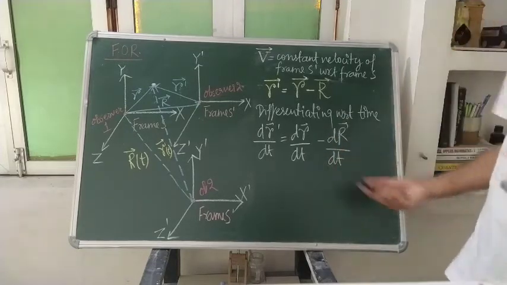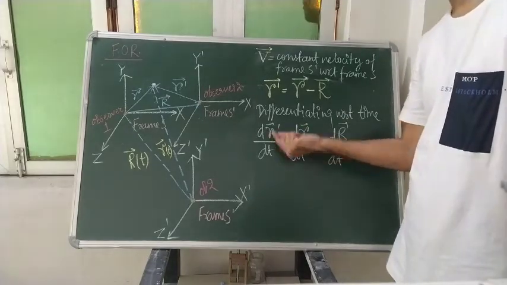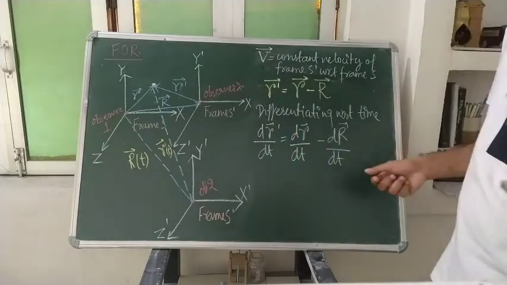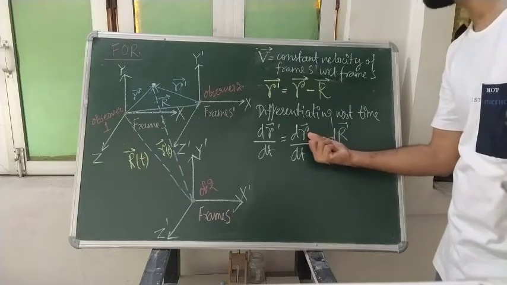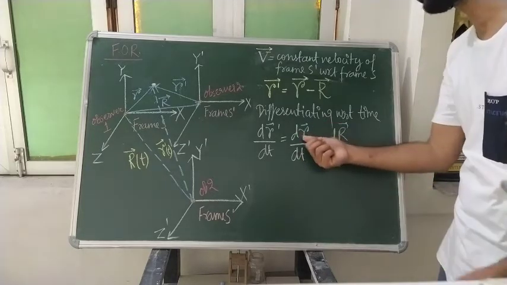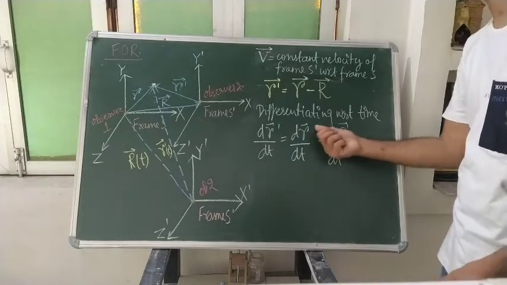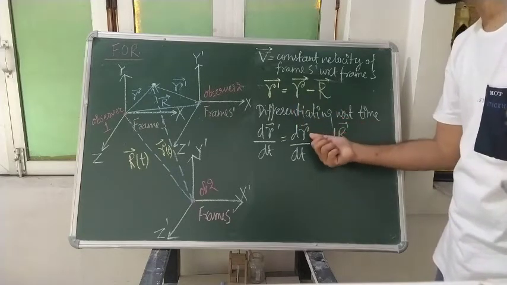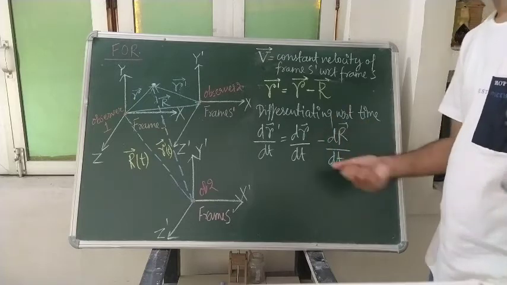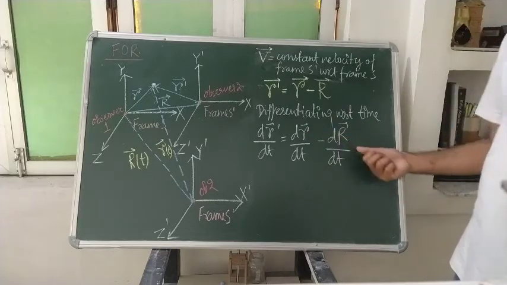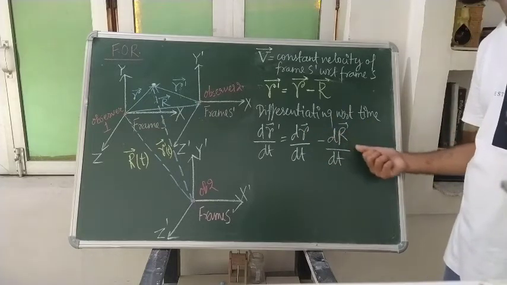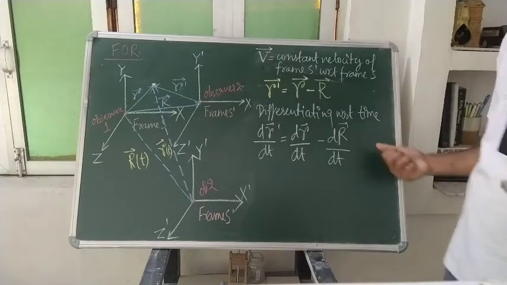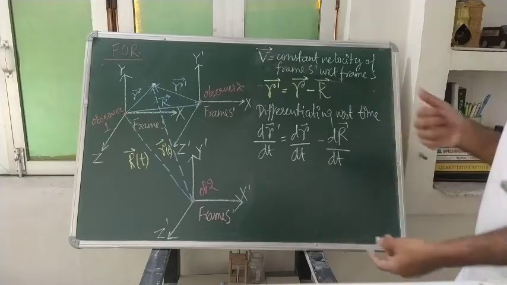We get the differentiation of the position of the object from frame S prime with respect to time, equal to the differentiation of the small r vector, the position of the object from frame S, with respect to time, minus the differentiation of the relative position of the observers in frame S and frame S prime.